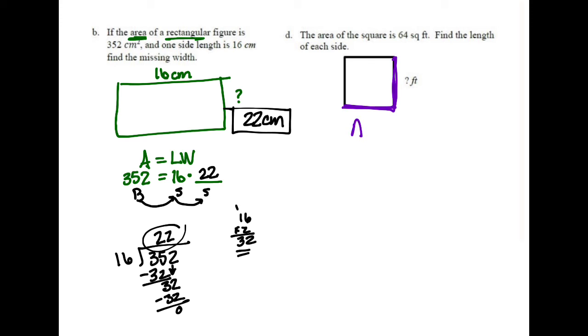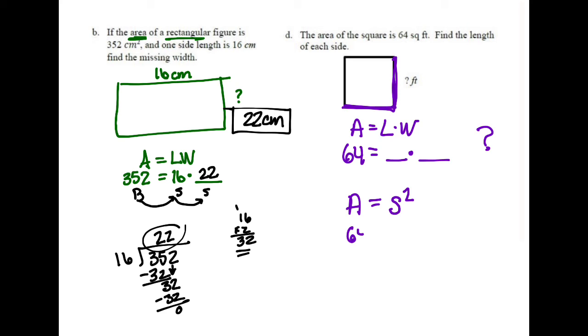But if I had area equals length times width, we know the area, but we would have 2 blanks here. So maybe we won't want to do that one. If you remember in our formula box that we had earlier, we had the formula for the area of a rectangle, which was length times width, and area of a square was side squared. So let's take a look at it this way.